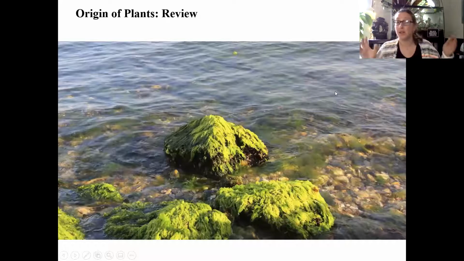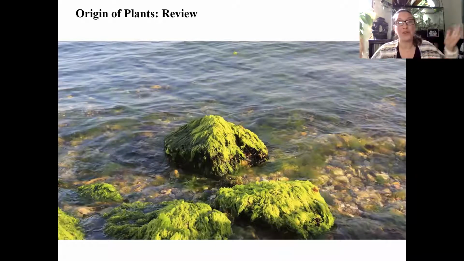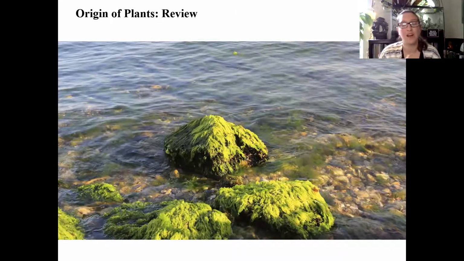Well, remember that plants originated in the ocean. And if you live in the ocean, there's certain things that you don't really need. First of all, you definitely don't need roots. And if you're surrounded by water, you really don't need effective ways of transporting water.